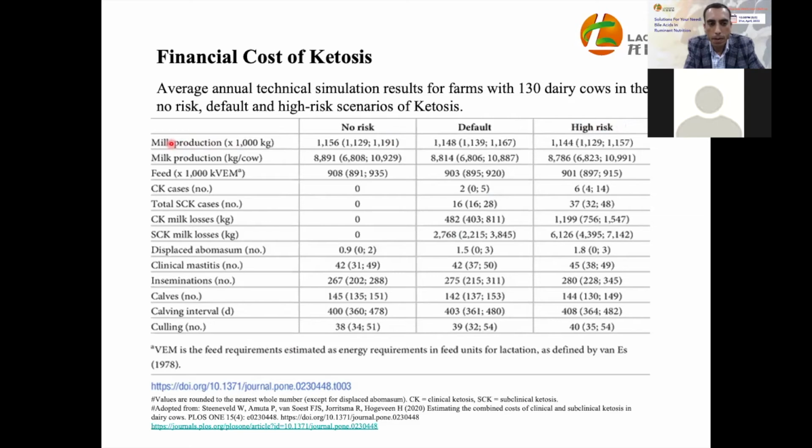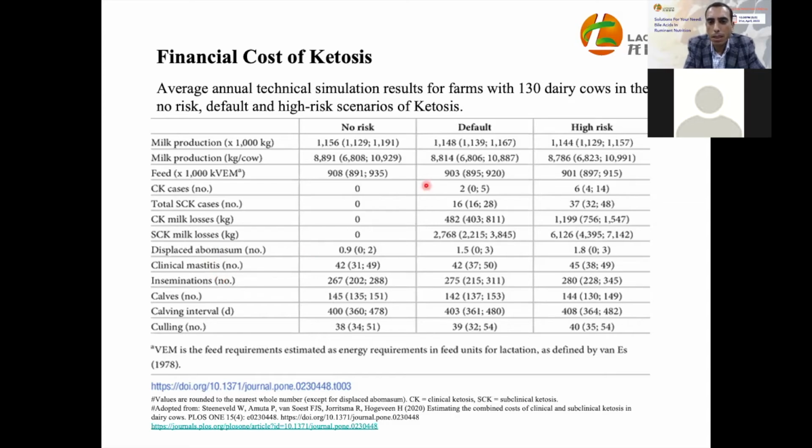They take many parameters: milk production per cow and yearly milk production, feed cost, the number of clinical cases, total subclinical ketosis, milk lost because of clinical ketosis and also because of subclinical ketosis, displaced abomasum, clinical mastitis, time to first insemination, calf number per cow, calving interval, and the last parameter, culling in the farm.